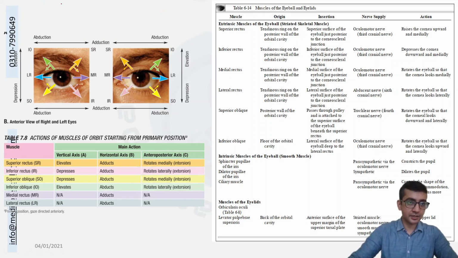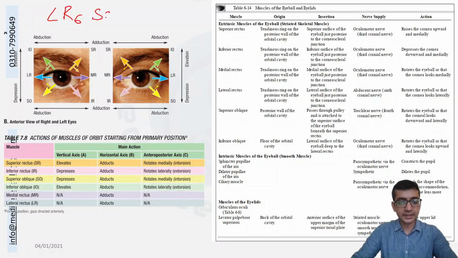And there is a very interesting mnemonic. You may all know it by now. Before I tell you, LR6SO4. So lateral rectus is supplied by cranial nerve number 6 and superior oblique is supplied by cranial nerve number 4.